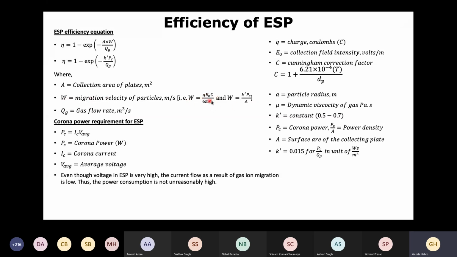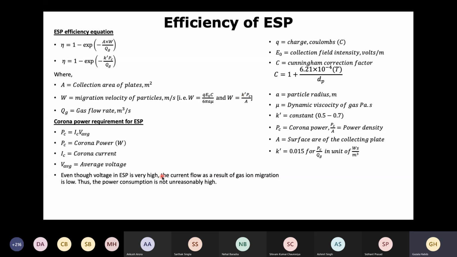If you know the E0 and A and mu, where mu is the dynamic viscosity of the gas, then formula 1 can be used. Q is the charge in coulomb, E0 the electrical field intensity, etc. While if you know the corona charge, or corona power, then the other formula can be used.